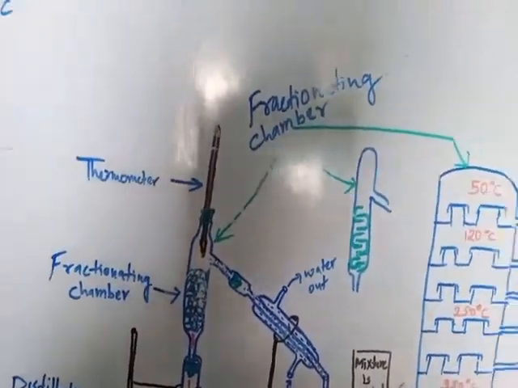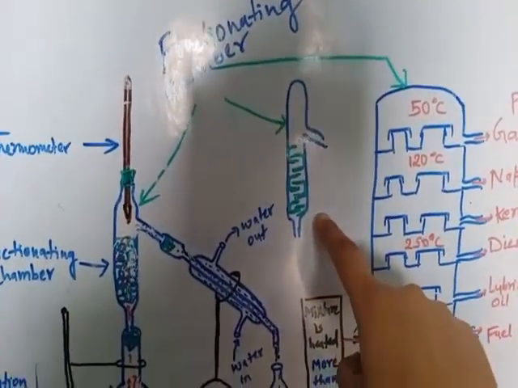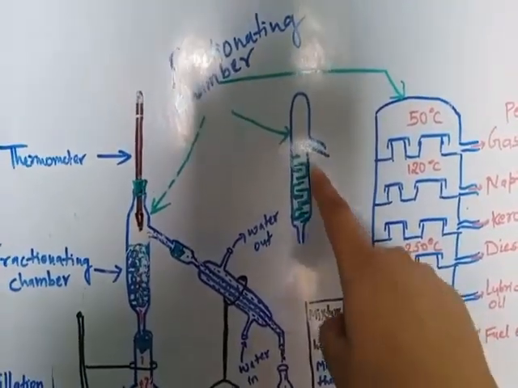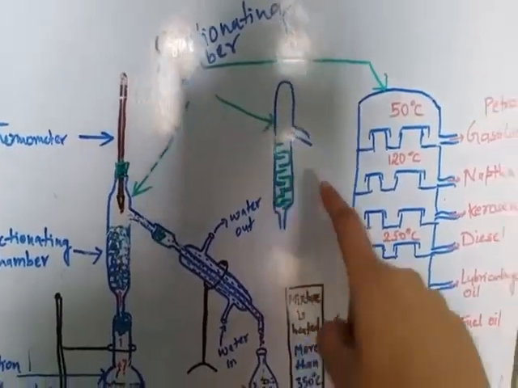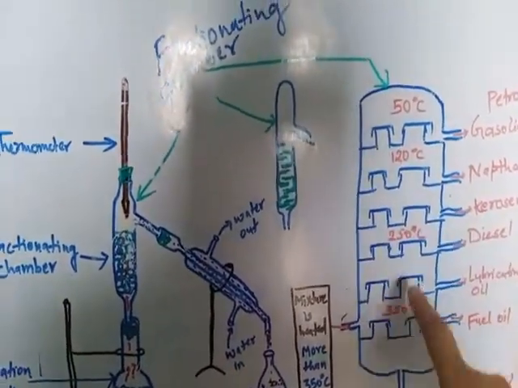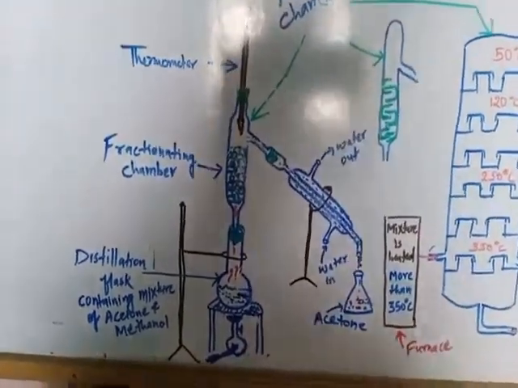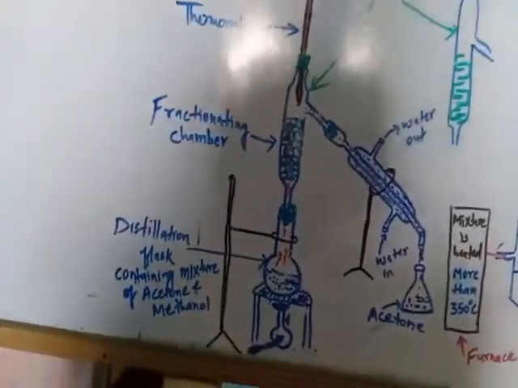Okay, so you can expect different types of fractionating chambers, like this is also one fractionating chamber, this is also one fractionating chamber. You can see here different bridges have been made as a hurdle or obstacle. Here also you can see the setup is like that. So we will just see one example and we'll see what happens in the fractional distillation process.